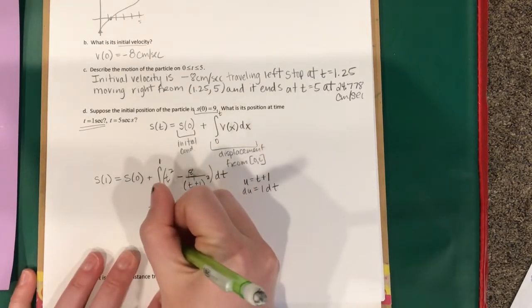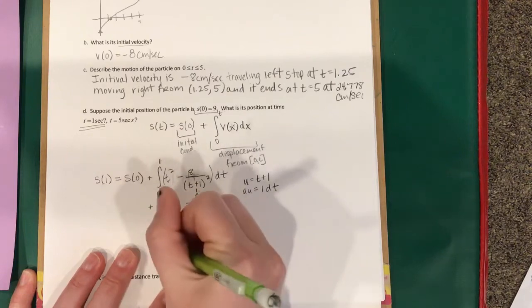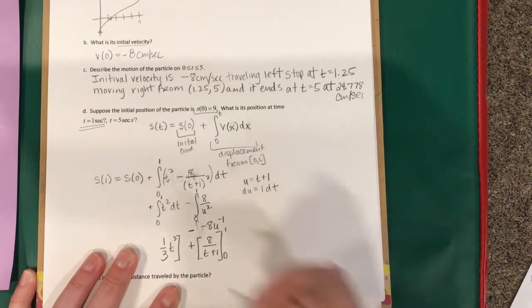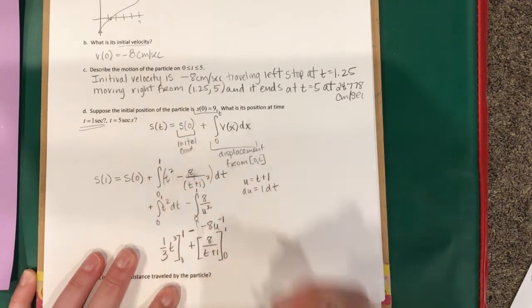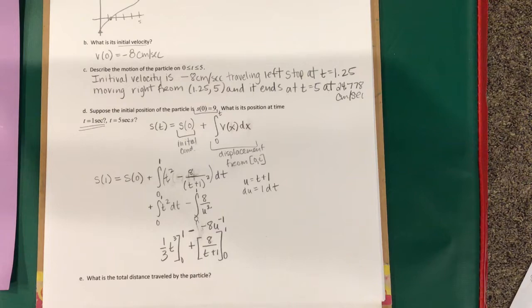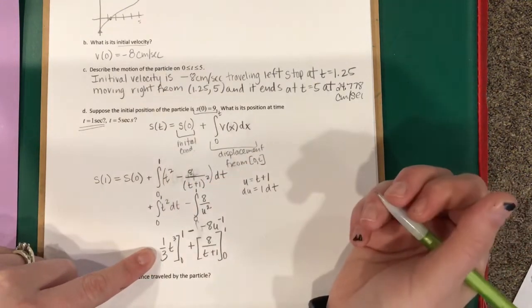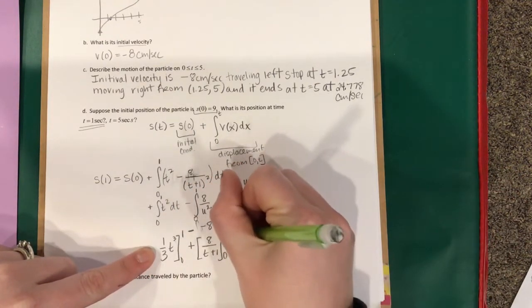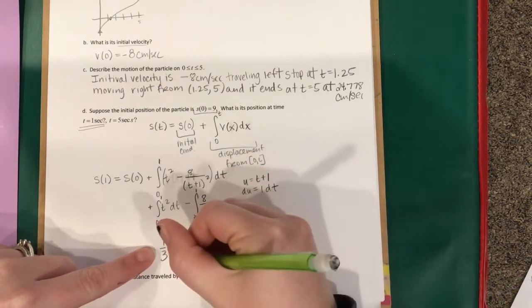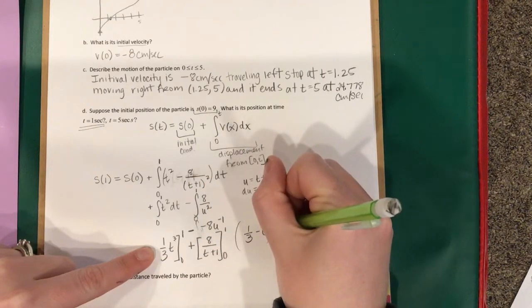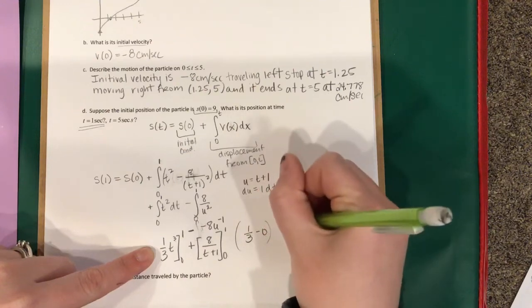And then over here I have 1/3 t cubed from 0 to 1. And we can go ahead and calculate those. Now, if I plugged in 1 here, we end up with just 1/3. It would end up being 0 at the lower limit, so I'd end up subtracting 0.